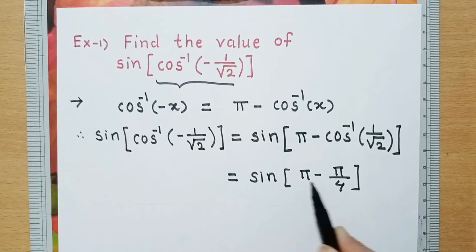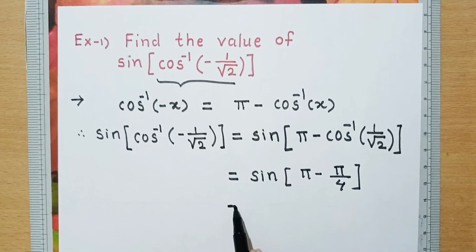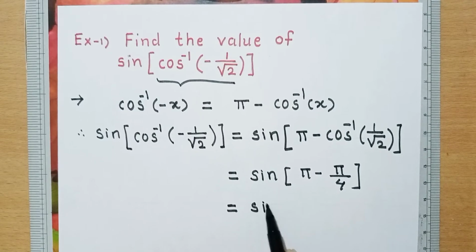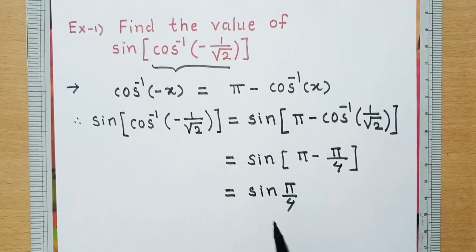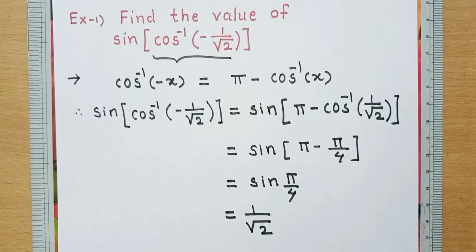And now check again, pi minus pi by 4 lies in the second quadrant, and in this quadrant sine is positive. So this is equal to sine pi by 4. And again the value of this is 1 upon root 2. Very easy to understand.